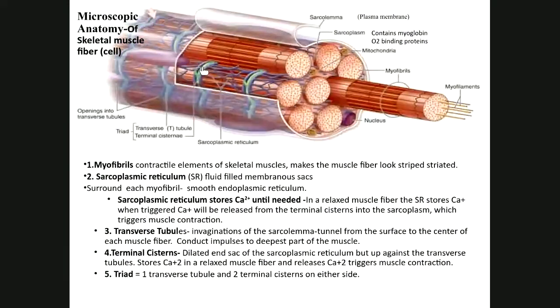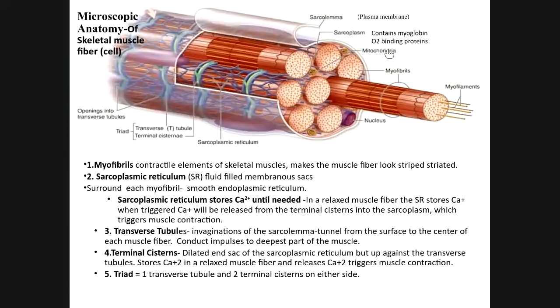You also see these blue tubes, and they're called transverse tubes. So if we step back a little bit, and we notice on this model, the sarcolemma is the plasma membrane of our muscle cell. The sarcoplasm is this material in between the myofibrils, and this contains myoglobin, which is an important O2 binding protein.